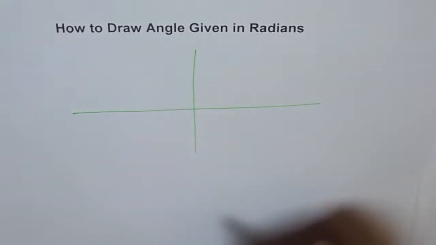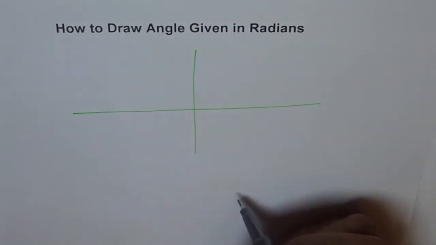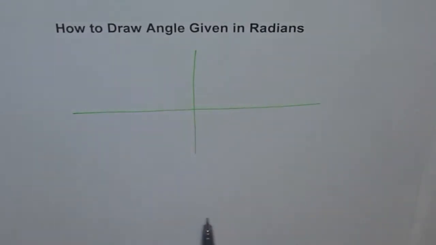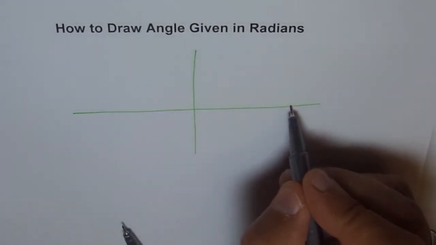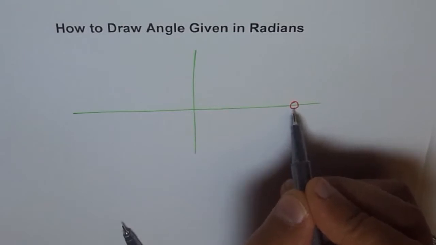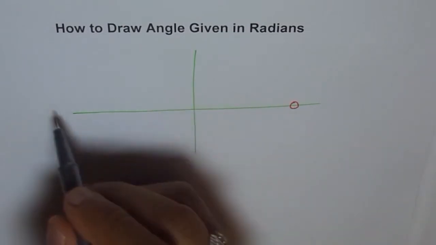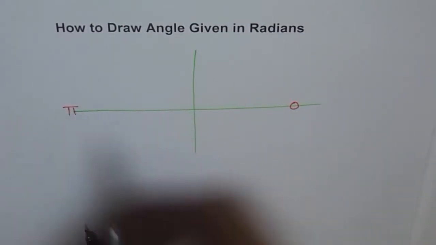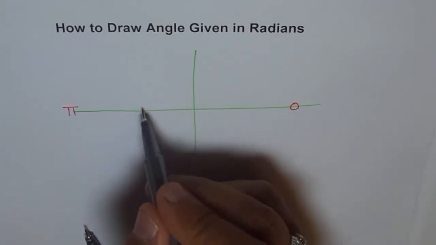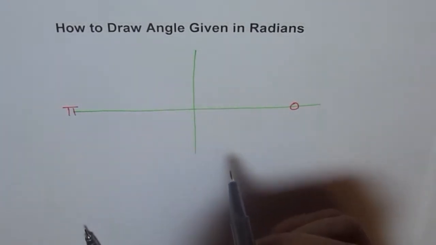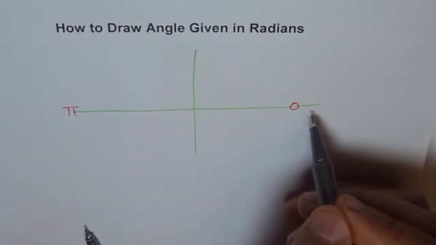So, okay, here we are. So that's our coordinate plane, and as you know in degrees, similar is in radians, in the way that we start from this side, and here we have 0, and then it goes like this, and then we have a pi here. So in degrees it is 0 to 180 degrees, and then full circle is 360, right? So 360 is kind of 0, right?